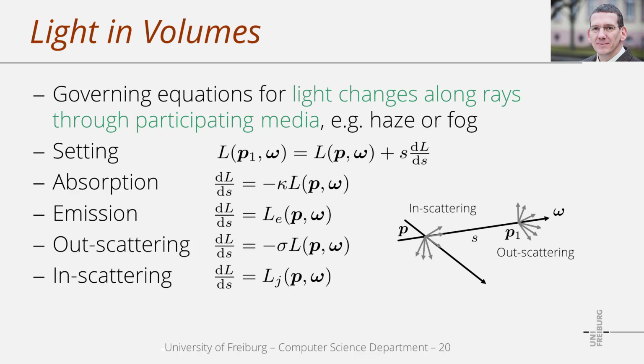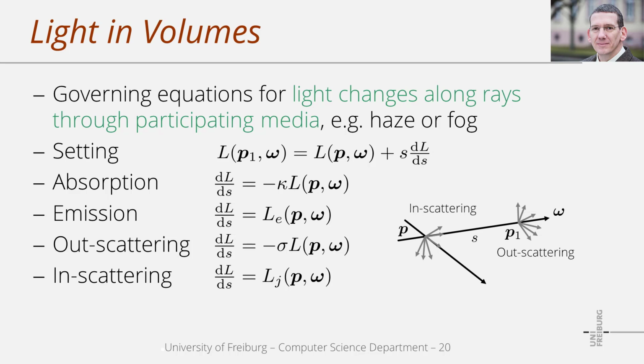Light transport is not only affected by surfaces, but it's also affected within volumes in the presence of participating media. So here in this illustration, light travels through the points p and p1 along some line with direction omega. And here you can see four effects that occur when light moves through participating media.